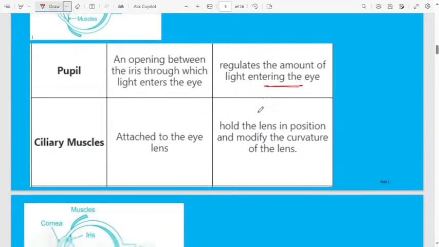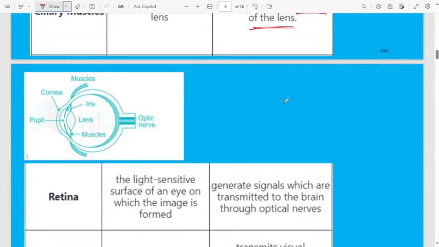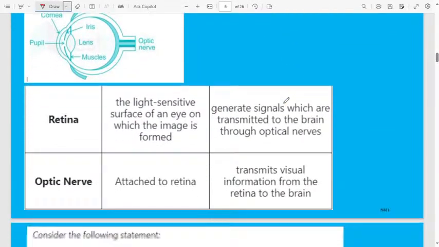Then the ciliary muscle, which I already explained, is attached to the eye lens, holds the lens in position and modifies the curvature of the lens. These are the important parts and features of an eye. Two more are there, the retina and the optic nerve.